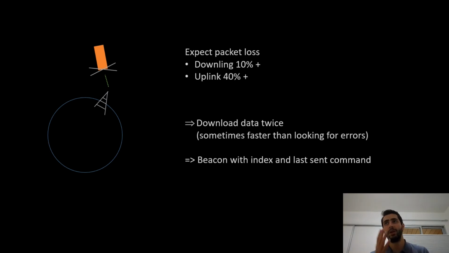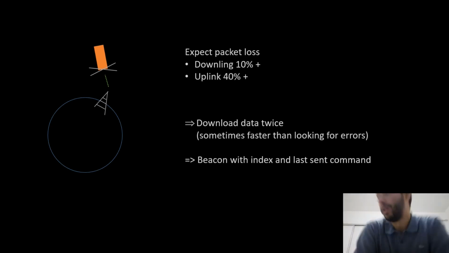There is a clear compromise here in choosing the correct time interval of the beacon. It cannot be so slow that you lose the time window to communicate, but it cannot be too short either, otherwise every beacon sent, every data sent, will consume power from the battery of the satellite.